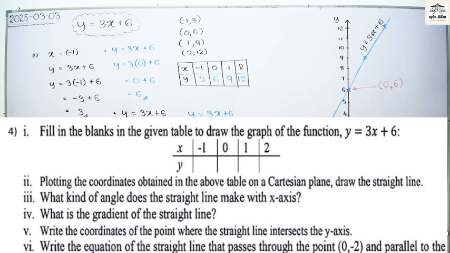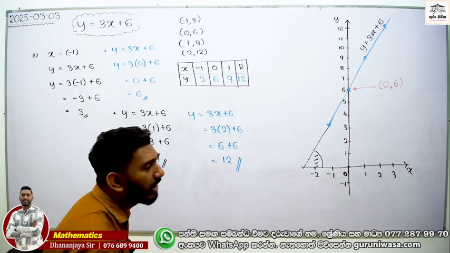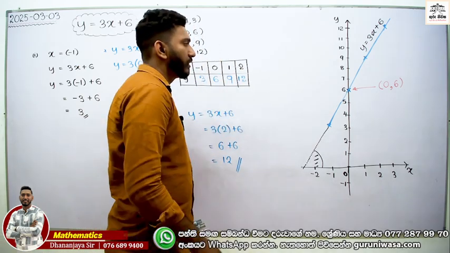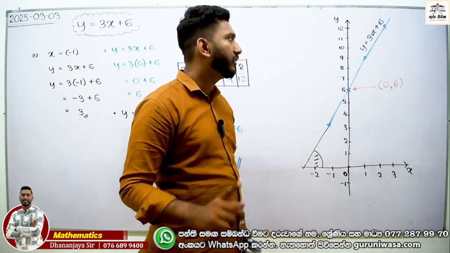Write the equation. This one is very important. Write the equation of the straight line that passes through the point (0, -2) and is parallel to the above graph.